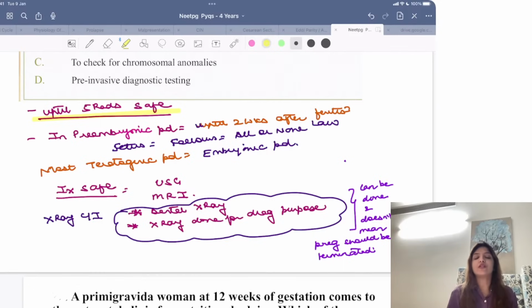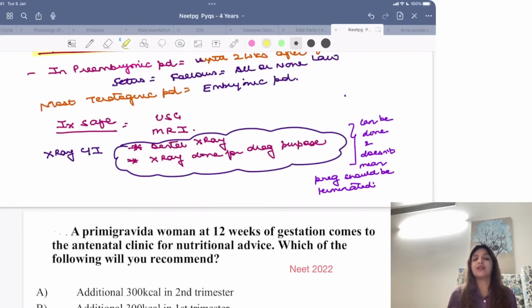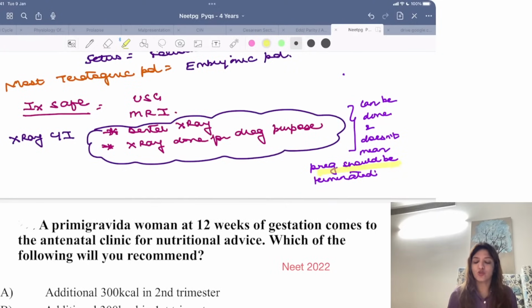Now, suppose there is a history of accidental exposure, accidental X-ray being done. Normally X-rays are contraindicated in pregnancy, but just in case for diagnostic purpose, हमें X-ray करना पड़ता है, right? Then in that case, the pregnancy should not be terminated. You have to continue the pregnancy. It will not have any harm on the fetus.